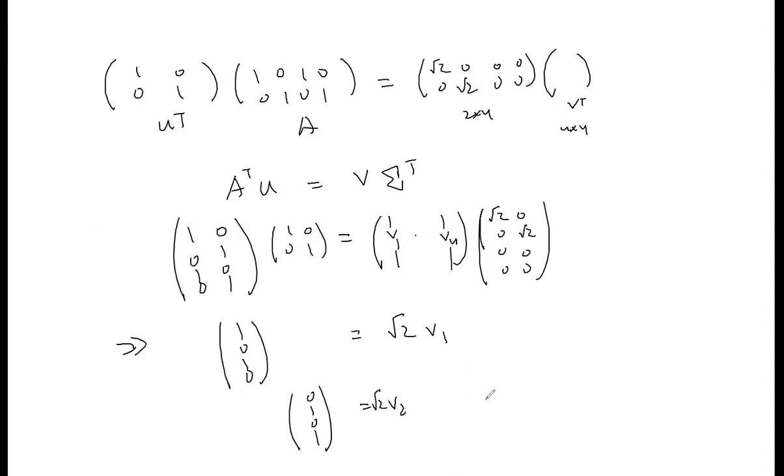Okay, but then there's still this problem of finding v3 and v4. So maybe before we do that, let's just sum up what we've done. The ui are the eigenvectors of A transpose.